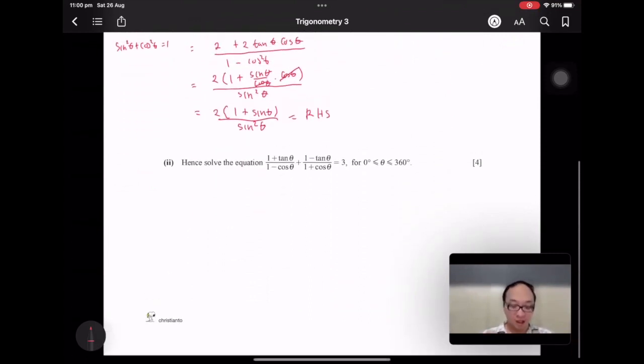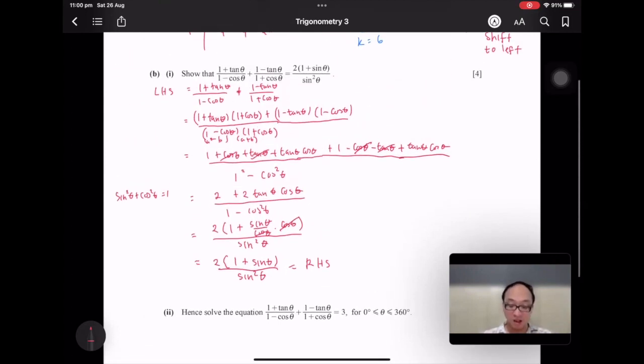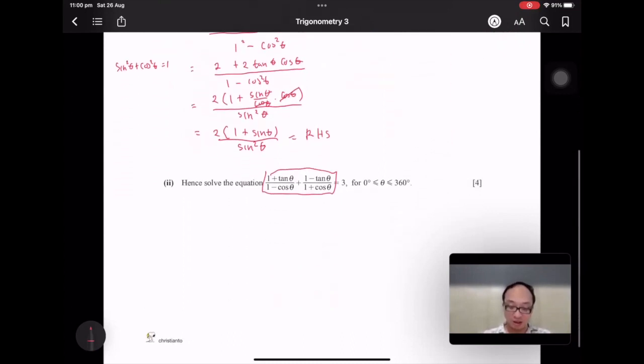Hence, solve the equation 1 plus tangent equals to 3 for 0 to 360. So we can change this shape using this one. So 2, 1 plus sine theta over sine squared theta equals 3.